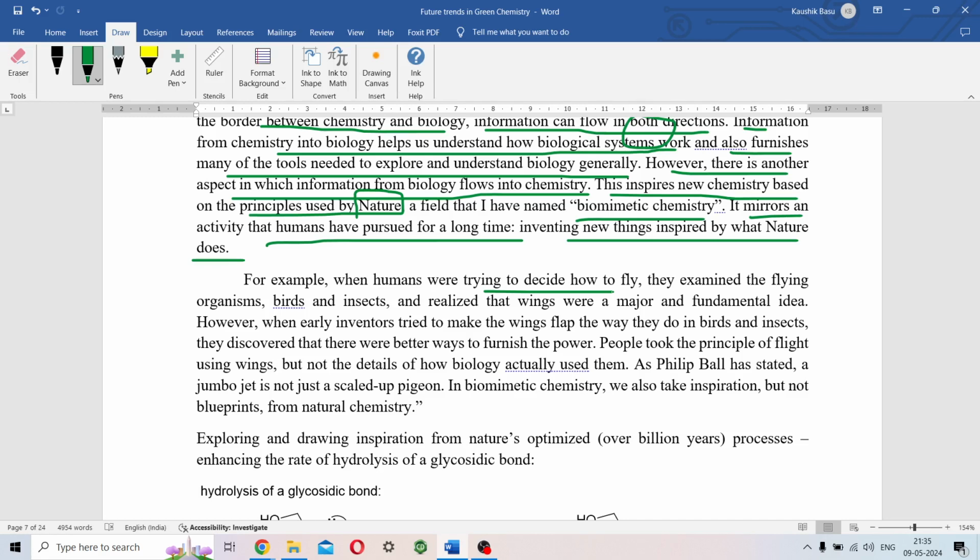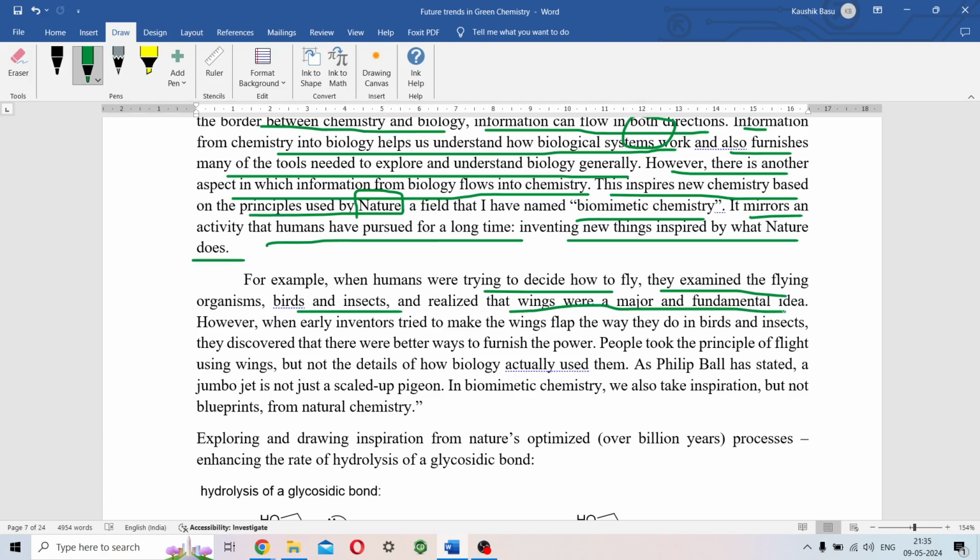But we wanted to fly, and they therefore examined the flying mechanisms of the organisms that fly, like birds and insects, and they also realized that wings were a major and fundamental idea.